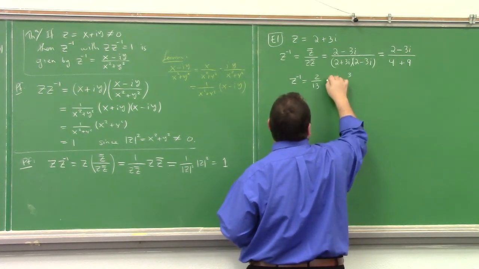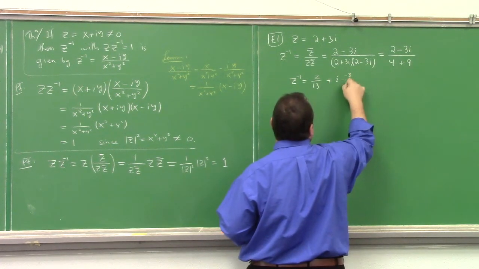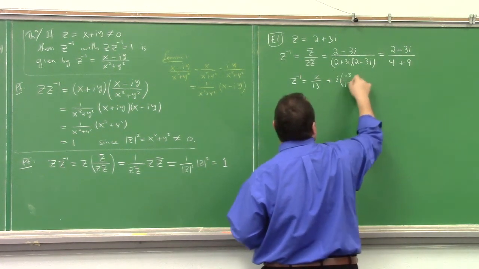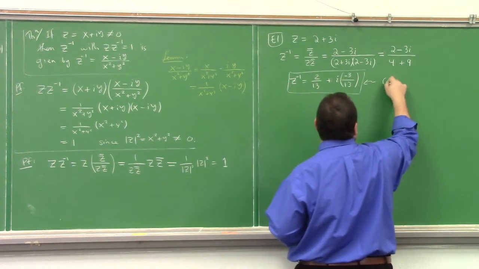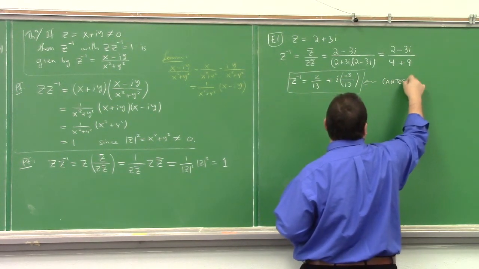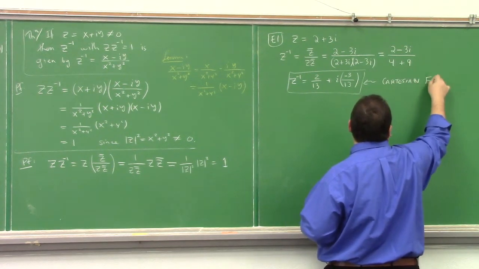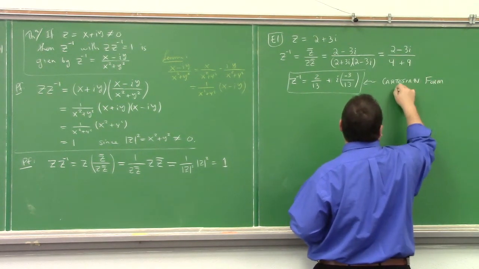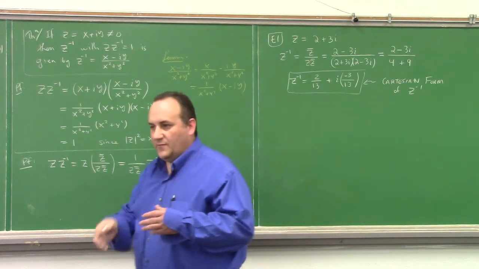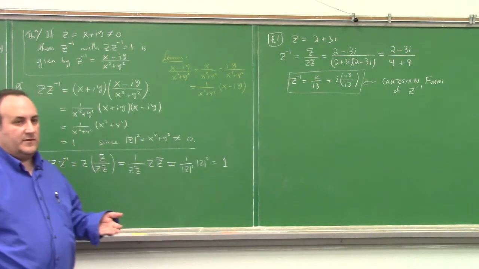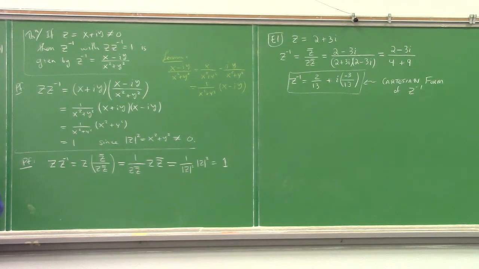Let me be really super picky here for a second. So this right here is the Cartesian form. So Cartesian form means we write in the form a plus ib, where any of the i's appear additively in the numerator.